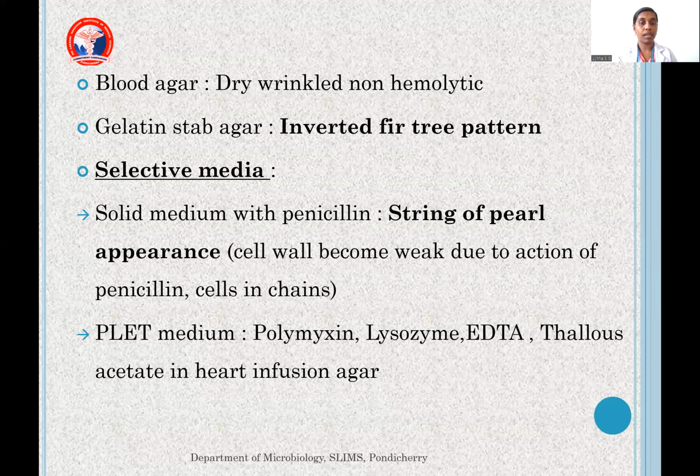So this will give a string of pearls appearance. So it is a selective medium for Bacillus anthracis. Another selective medium is the PLET medium, which contains polymyxin, lysozyme, EDTA, and thallous acetate in heart infusion agar. So these two are the selective media that we use for Bacillus anthracis.